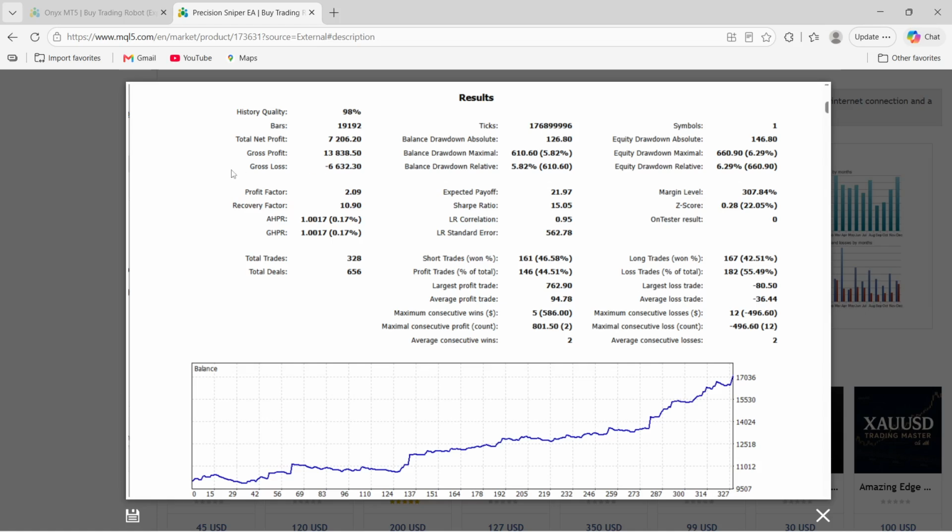As for the results, over the period, there was a profit of $7,206. The profit factor was 2.09, which was quite decent, and the balance drawdown was 5.02.